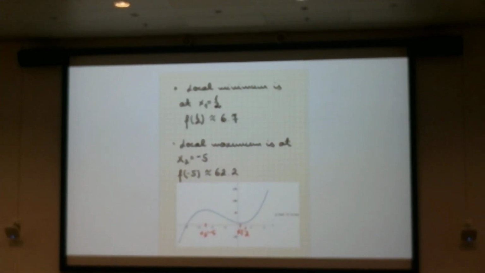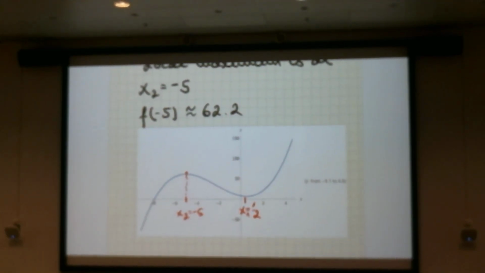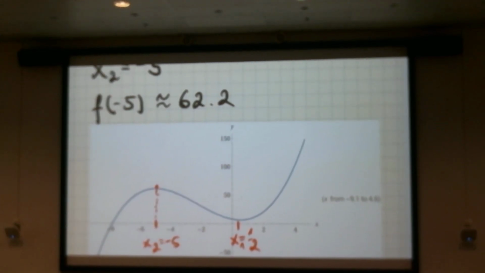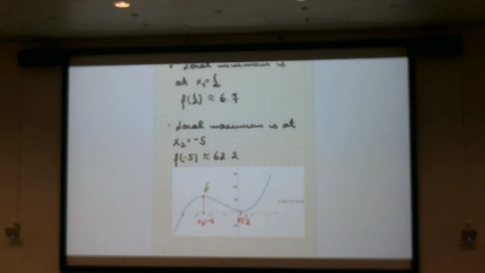And indeed, we see that at minus 5 we have a local maximum, a peak right here, and on this scale it's a bit close to 0. I hope you see that right here. When x is equal to 1/2, we have a clear bottom here. So that's local minimum. So here we have local maximum. And here we have local minimum.